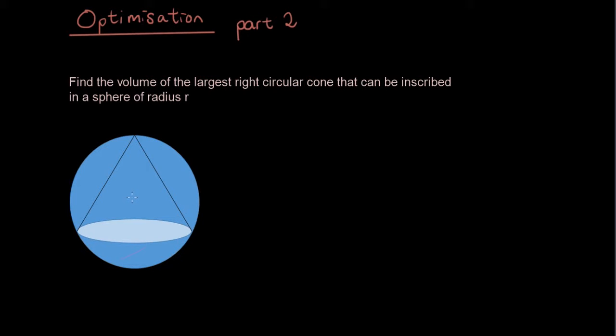We have the center of the sphere, and if I draw a line from the center to where the base of the cone and the edge of the sphere are touching, we can call this the radius of the sphere. So r is the radius of the sphere. Now, if I go to the center of the circle on the base of the cone, this is the center of the base.